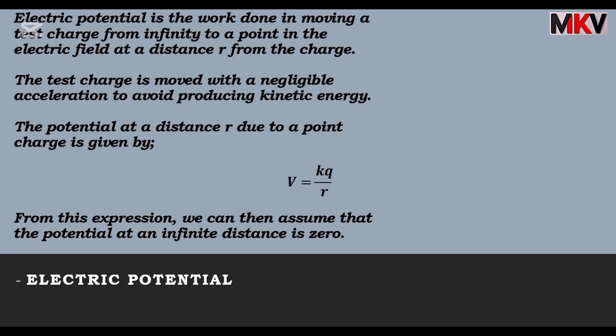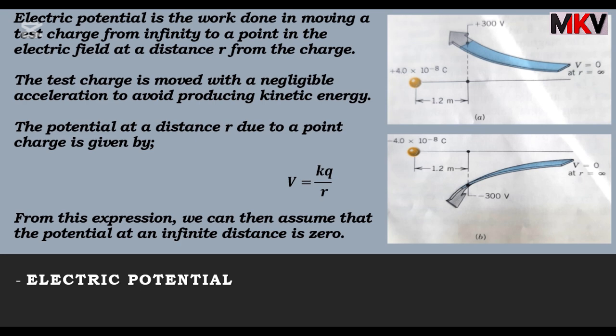Now, electric potential is the work done moving a test charge from infinity to a point in the electric field at a distance r from the charge. So if you look at this diagram, at infinity, the potential energy is assumed to be 0.